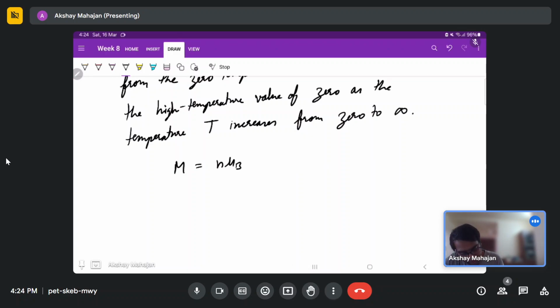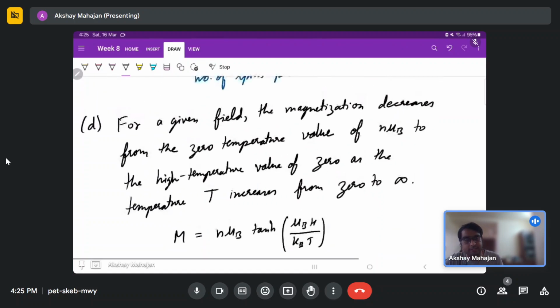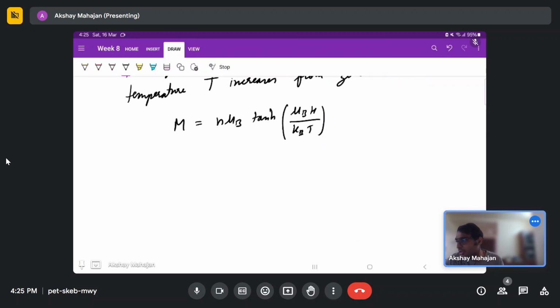This is our magnetization that we have calculated, with mu B H by kBT. What we have written is from intuition. We know that at T equals 0 the magnetization will be highest, the saturated magnetization, which is n times mu B, and at very high temperature, T tends to infinity, all the spins will just fluctuate, and because of this the net magnetization will be 0. It will be a complete paramagnetic system.